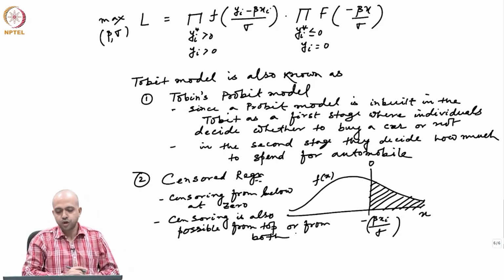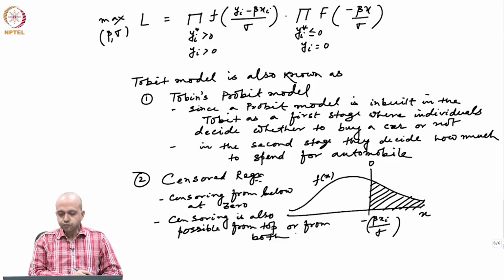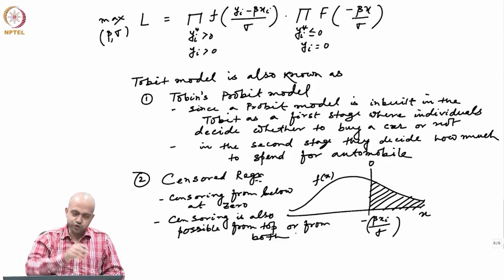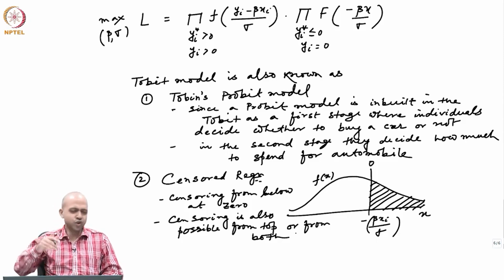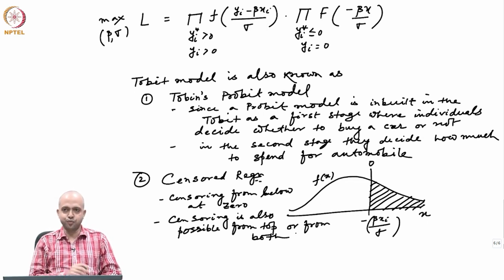So, in this automobile expenditure case, we will observe the individual automobile expenditure if it is greater than 0 and there is no upper limit. In that case it is known as censoring from below, or lower censoring or left censoring, right.